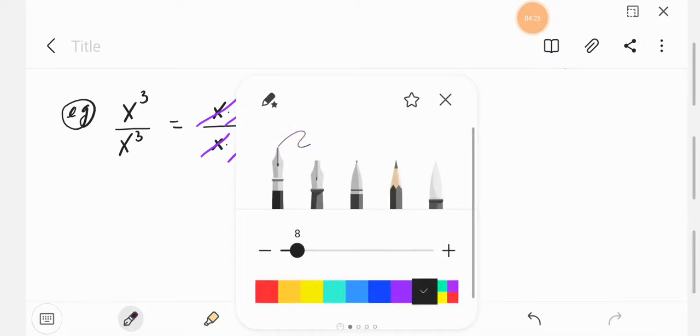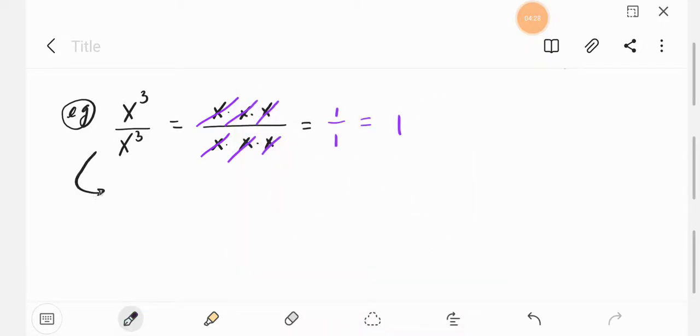Or by definition, what is the formula for this? Since the exponential forms have the same base, you can subtract 3 minus 3. That is equal to what? X to the 0 power. Then what is x to the 0 power? Isn't it the same as 1?